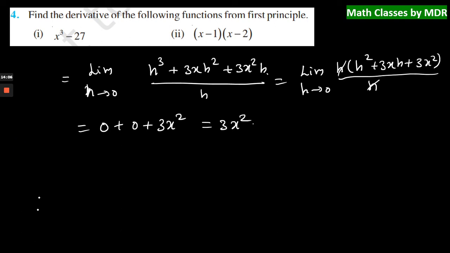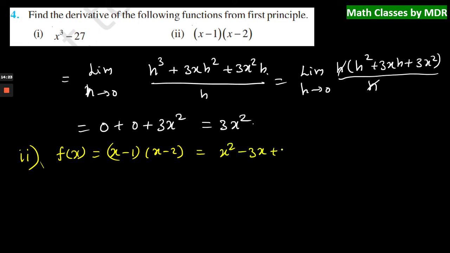Now let us see it for the second one. For the second one, by using first principles, what is the function here? f of x is (x minus 1) into (x minus 2). Let us simplify it. So x square minus 3x plus 2, right? So now what is f prime x?